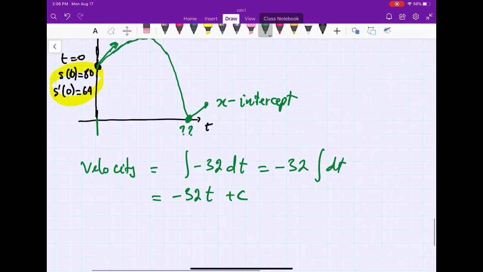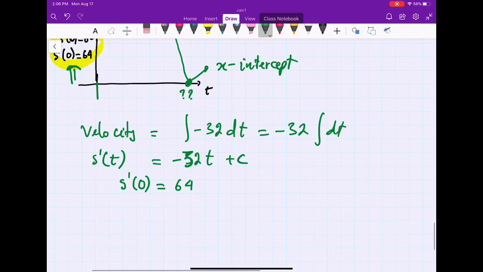And in order to determine the constant, I may solve like the previous example. I might find s with constants c1, c2, and then at the end use the initial conditions. But let's find the constant in each step. So s prime of t equals negative 32t plus c, and from the initial condition, when t equals 0 I get 64.